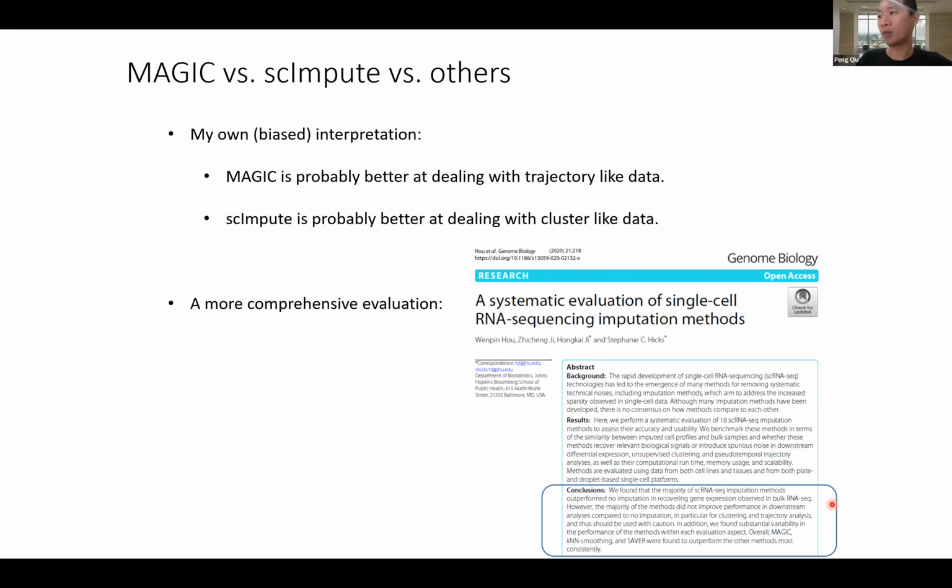At the same time, the majority of these imputation algorithms actually do not improve performance of downstream analysis, because downstream analysis methods often already have some components of dealing with sparsity in the data.